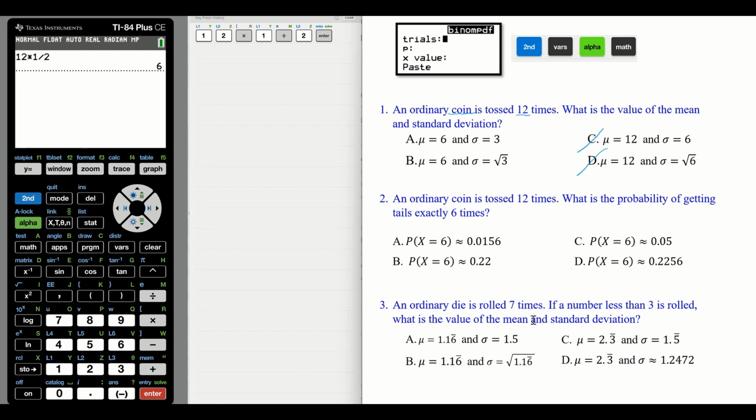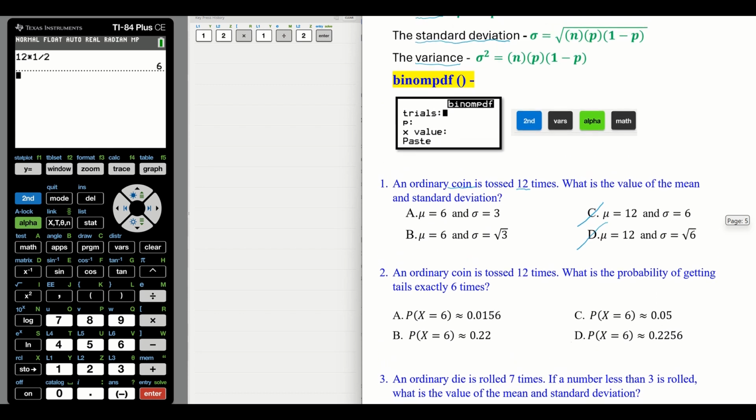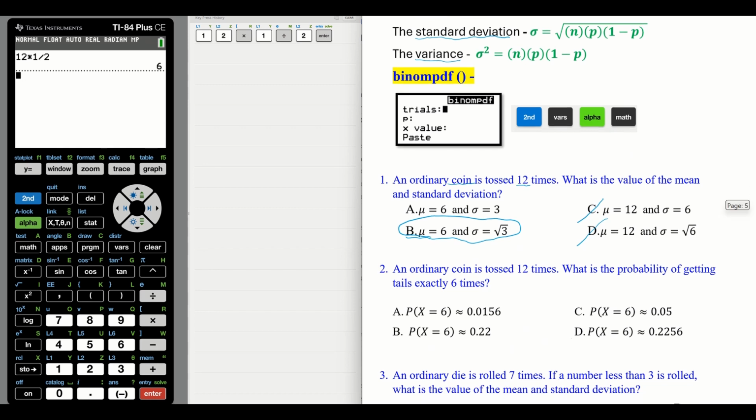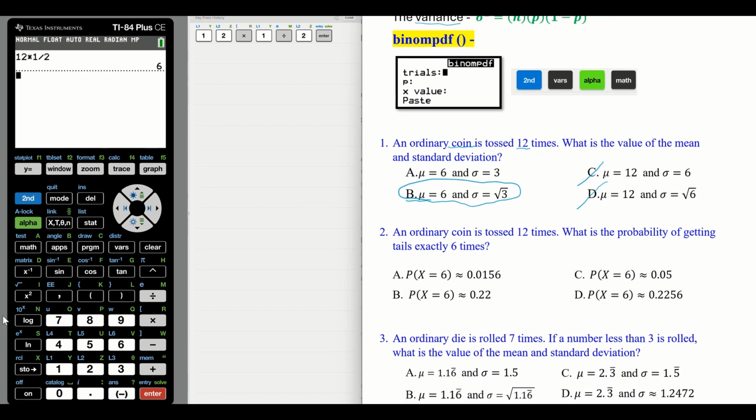If we go back up and look at what the standard deviation formula looks like, that's underneath the square root. So naturally, this is going to tell us B is our option, but we can go ahead and check this fact. Okay, so under the square root, under our radical, we have 12 times 1 divided by 2.